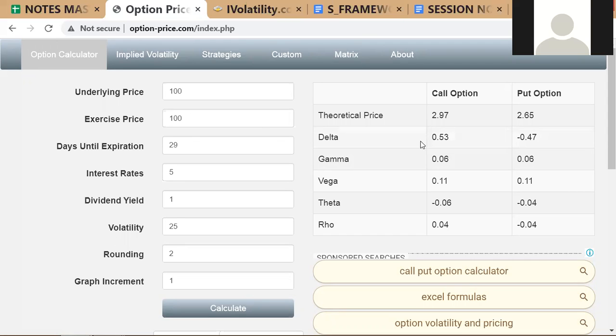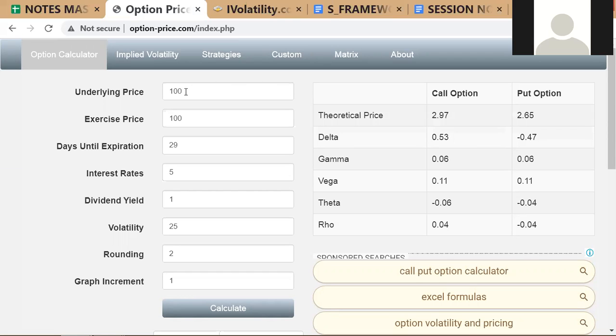The delta itself is measuring the sensitivity of the put option and call option prices to a change in the underlying. So if the underlying price changes by 100%, the price of the call option will change by 53%, and the put option price will change by 47%, but in the opposite direction.